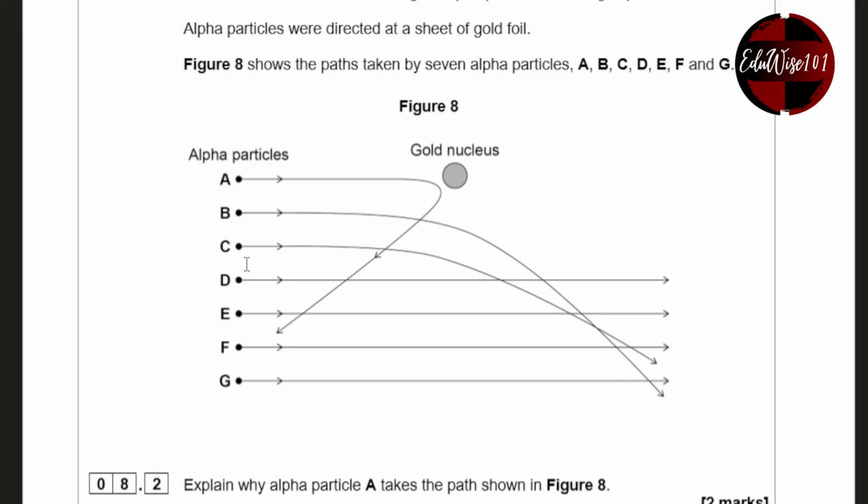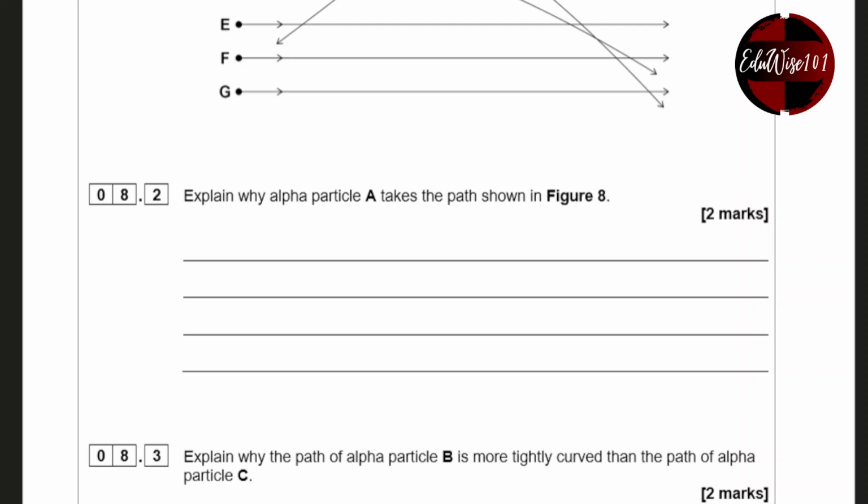B and C were deflected. D to G went in a straight line. The question: explain why alpha particle A takes the path shown in figure 8.